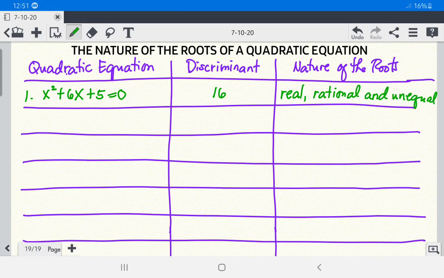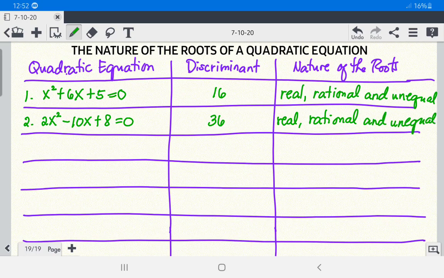Okay, number 2, we have 2x squared minus 10x plus 8 equals 0. Its discriminant is 36. So, notice that they are perfect squares, right? Greater than 0 and a perfect square. So, the nature of their roots is that they are real, rational, and unequal.